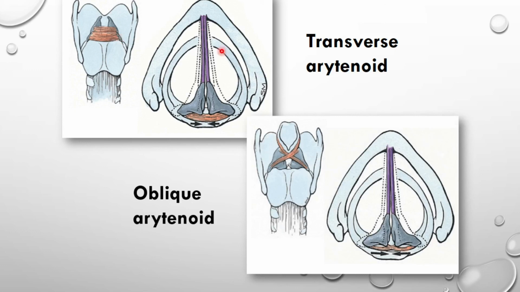And we also have the oblique arytenoids, which are very similar to the transverse, except they run in an oblique fashion. So they run at an angle to the horizontal. And once again, these act to adduct or close the rima glottis, or adduct the vocal folds.